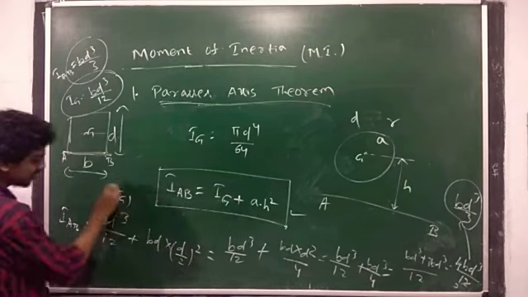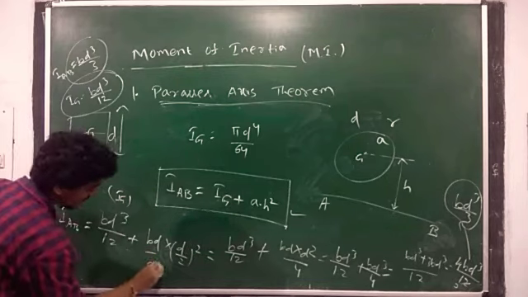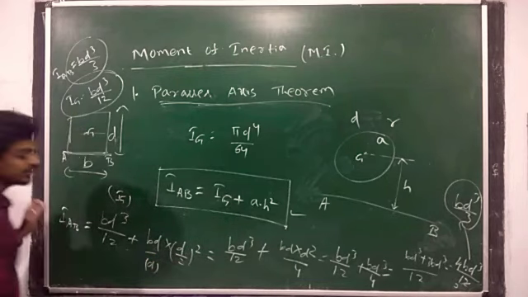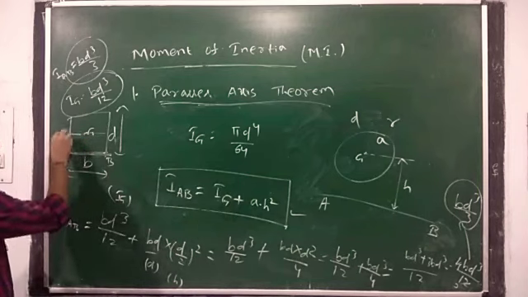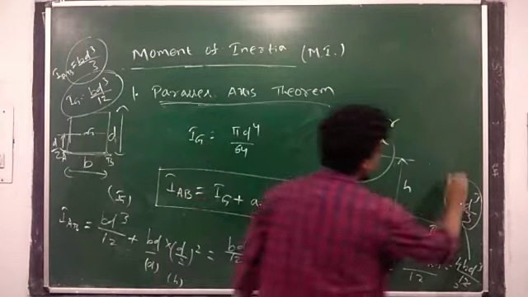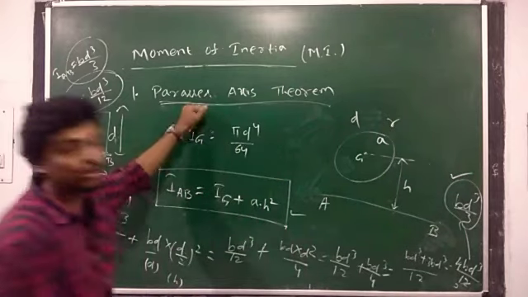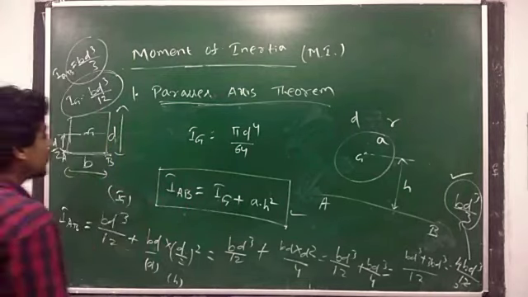This is Ig plus the area of the rectangular section, BD. So this is A, and this is the central distance, that is H, means this distance. This will be D by 2. Just after calculating, we are getting BD cubed by 3. Hence the parallel axis theorem is proved. Hope it will be clear.